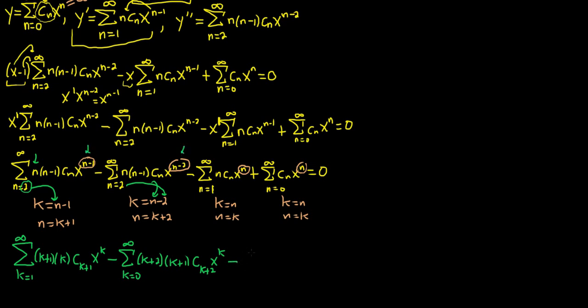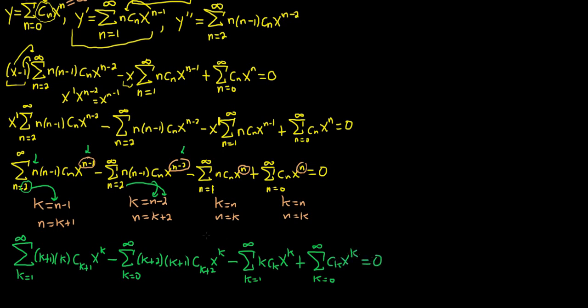So minus the infinite sum. This time nothing happens, right? We're just renaming things. So k is 1 to infinity of k c sub k, x to the k. And then plus, same thing here, just renaming things, k equals 0 to infinity of c sub k, x to the k equals 0.